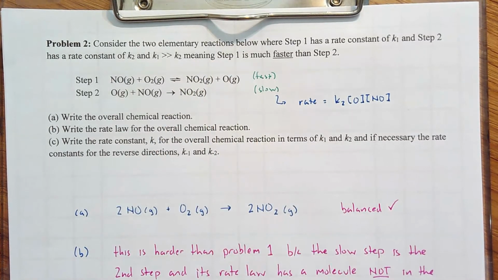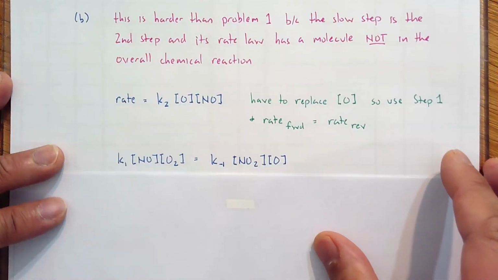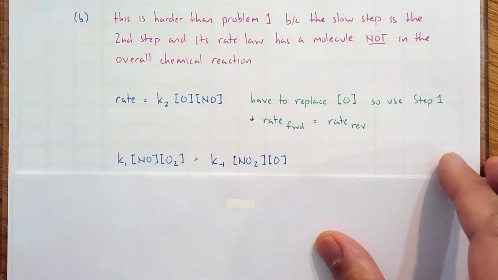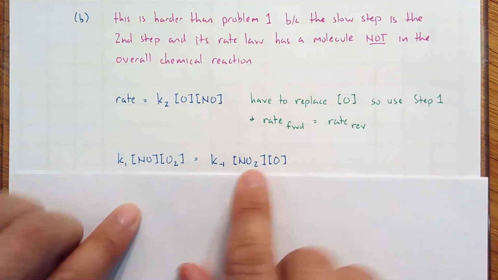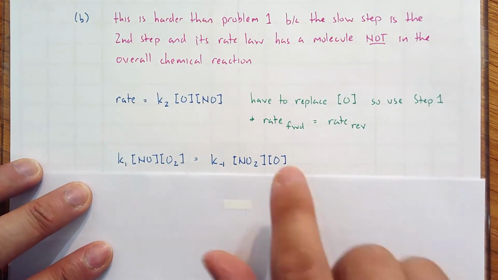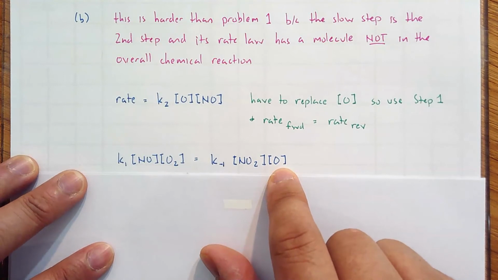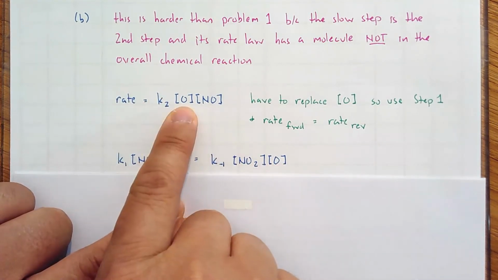Those rates have to be identical. They're both positive. A rate is a positive number, like speed, miles per hour. You can't go negative 25 miles per hour. So both of these are positive, and they're set equal to each other. There's the O that we got to solve for so we could replace this O right here.